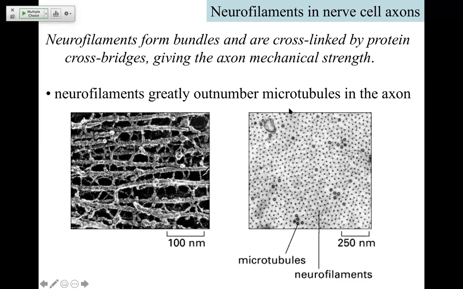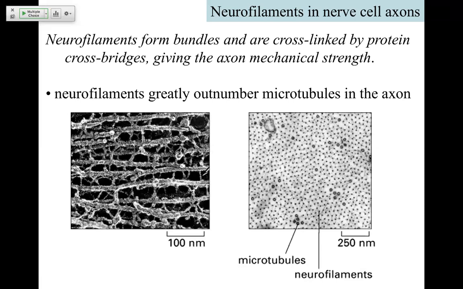If we look at a cross section of an axon, we can see all these tiny little dots are all of the neurofilaments that are running the length of that axon to give it some support. Not to be confused with a different type of cytoskeletal filament, much larger in diameter, those microtubules that we'll be talking about next.